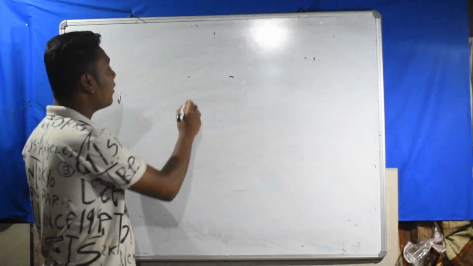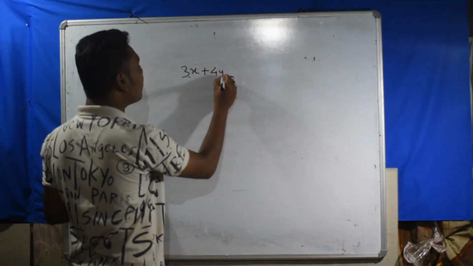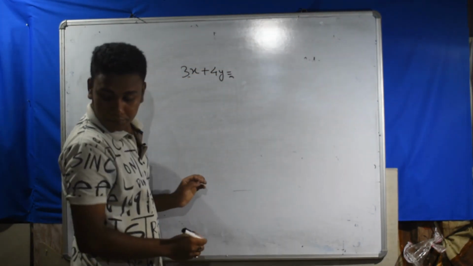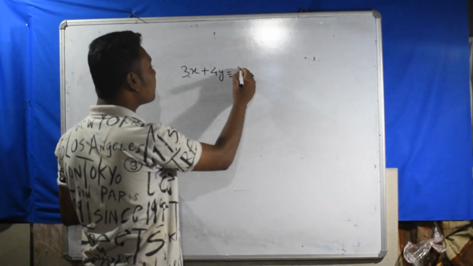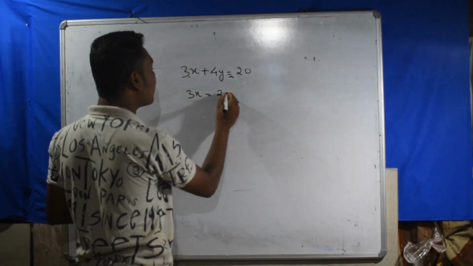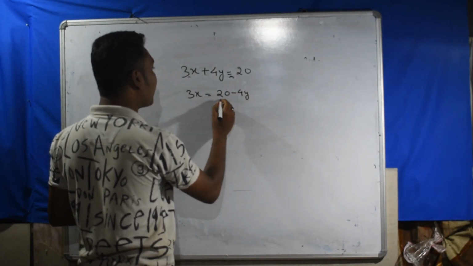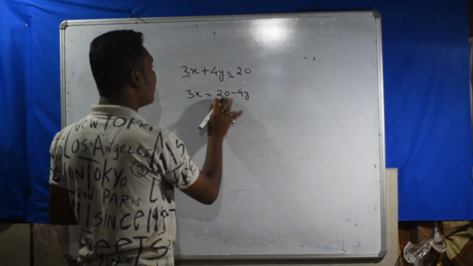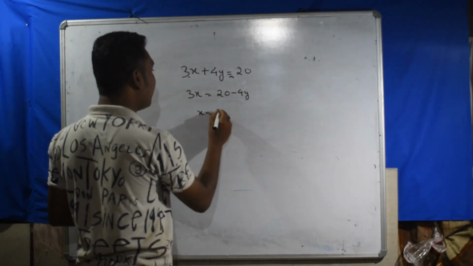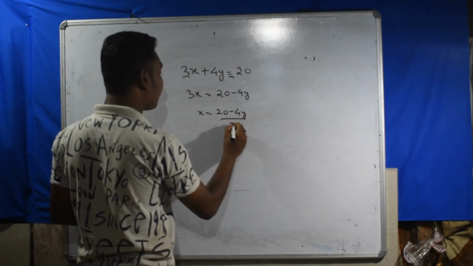But if I see 3x plus 4y is equal to 20, I see 3x is equal to 20 minus 4y, so x is equal to 20 minus 4y by 3.